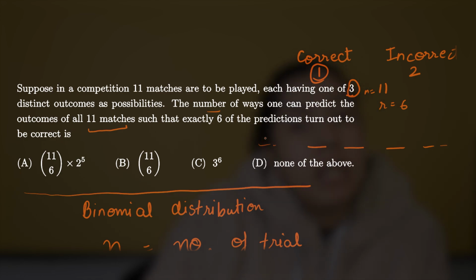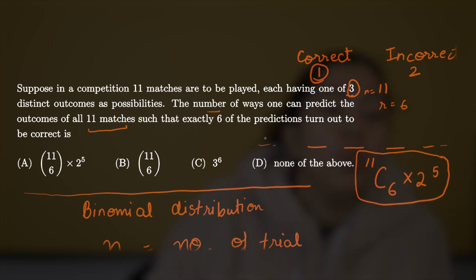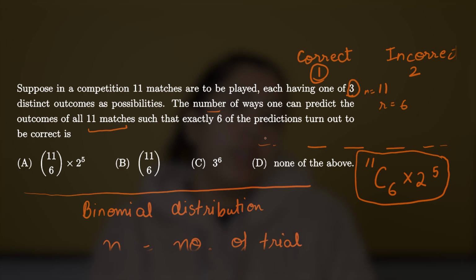And for the remaining 5 places, we have 2 different outcomes for incorrect options. It should not be correct, so just 2 of the possible outcomes will be left. So that will be 11C6 times 2 to the power 5, because 5 places are remaining. That's how we use the concept used in binomial distribution to solve this question.